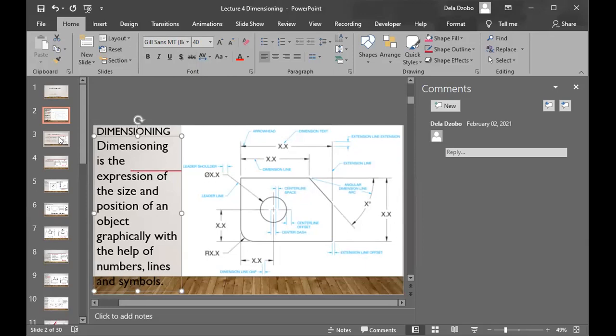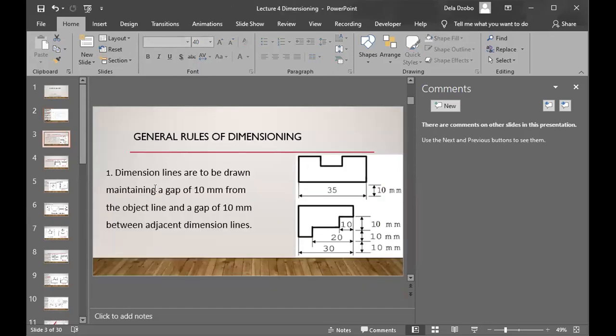So what we are doing in dimensioning is basically sizing an object with the help of numbers, lines, and appropriate symbols. Now that we've seen what dimensioning is, we want to dive quickly into these rules I mentioned earlier on.